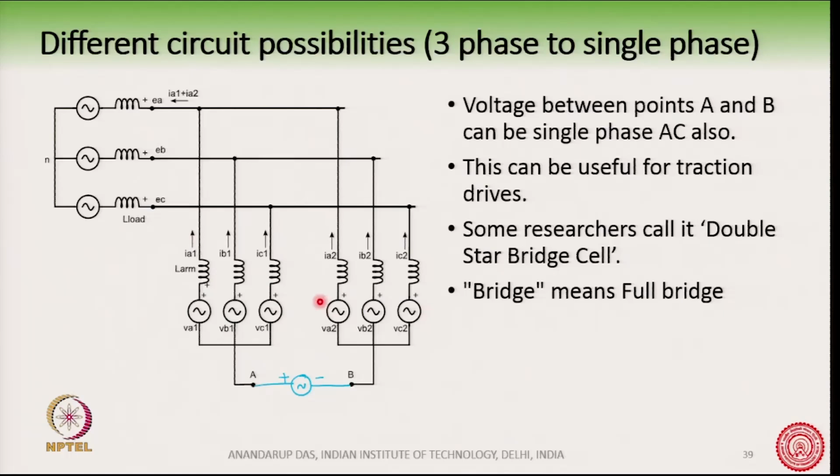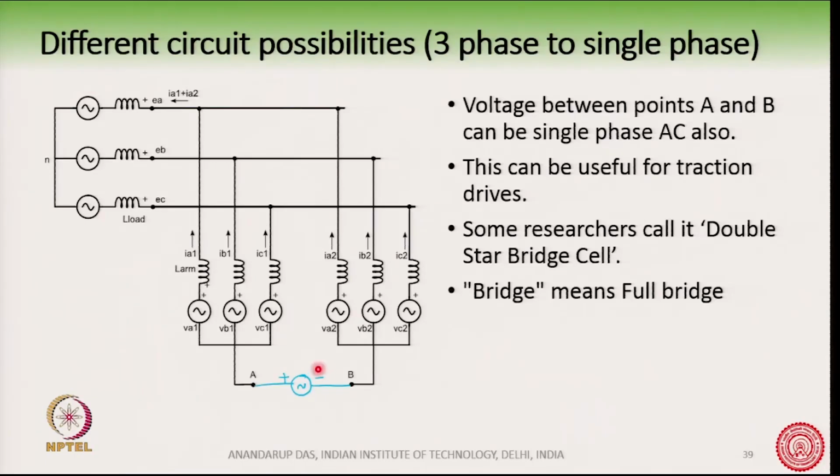We are basically applying Kirchhoff's voltage law, neglecting the inductor drop. You can find out yourself the expression of the voltages of the upper arm and the lower arm when this side is a single phase AC and this side is a 3 phase AC.